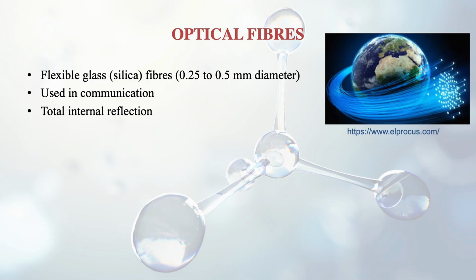Fiber optic communication basically involves transmitting pulses of infrared light through the optical fibers using the process of total internal reflection. Now, why is fiber preferred over electrical cabling? The reasons are 2. Number 1, it provides a high bandwidth, and number 2, it provides immunity against electromagnetic interference.